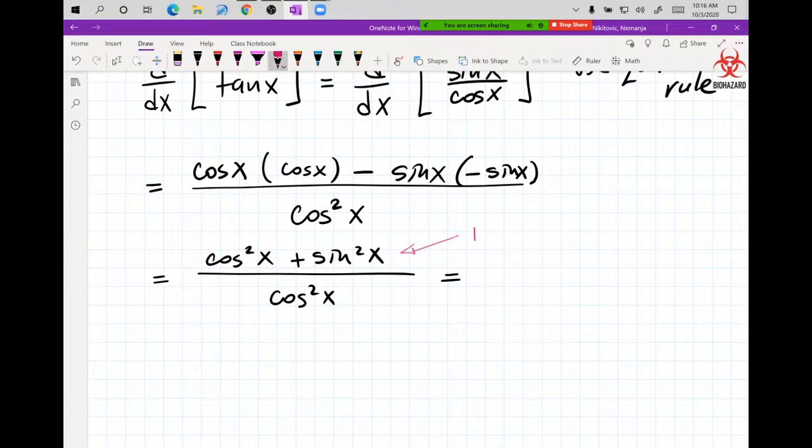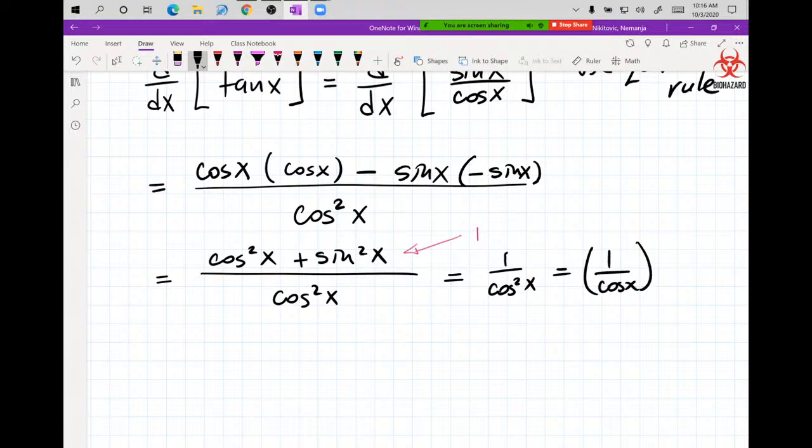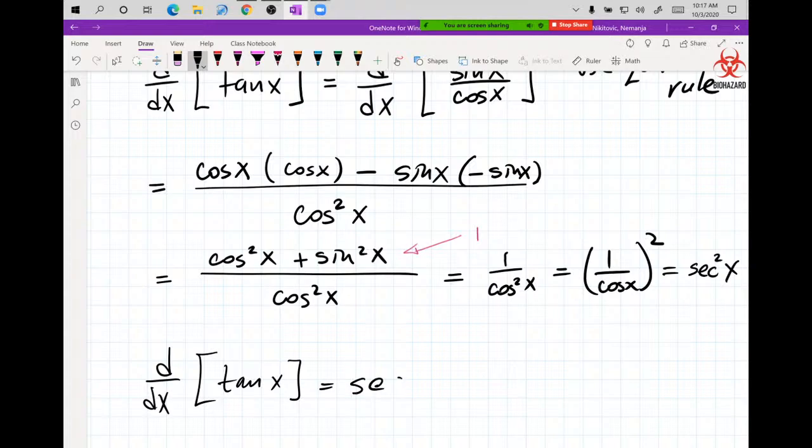So we have 1 over cosine squared x. Now I will remind you that that can be written this way. That's algebra. And what was 1 over cosine? Secant. Excellent. So we just learned that the derivative of tangent x is secant squared x.